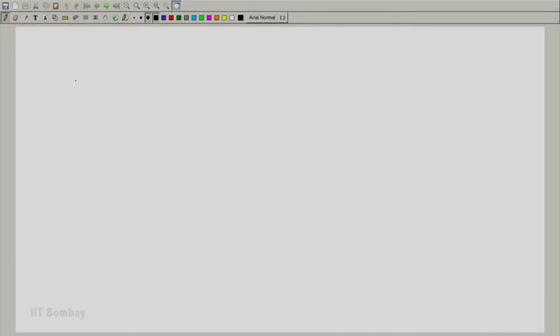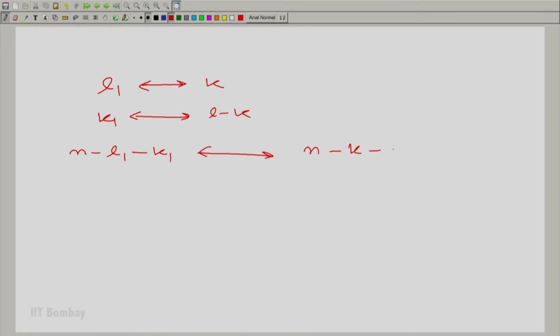So, let us do that. L1 corresponding to k and k1 corresponding to L minus k. So, of course, n minus L1 minus k1 would correspond to n minus k minus (L minus k), which is n minus L, and this agrees with the left hand side expression.